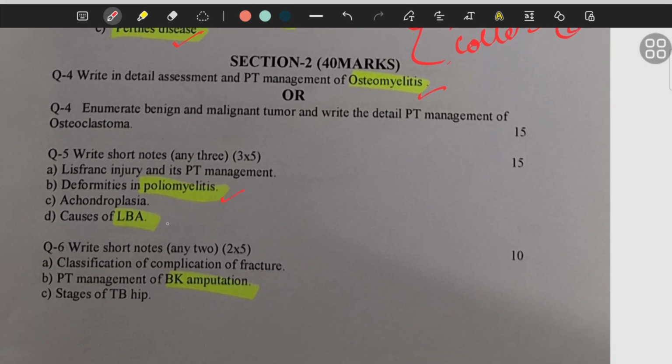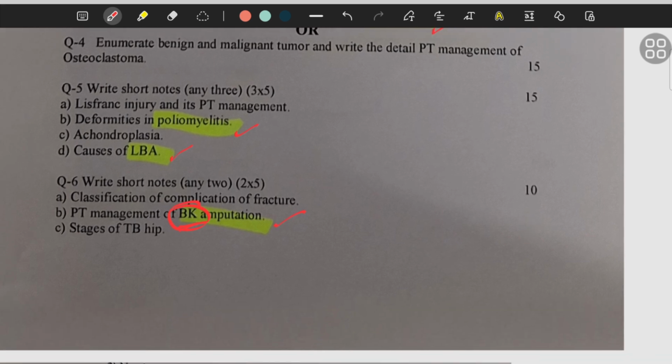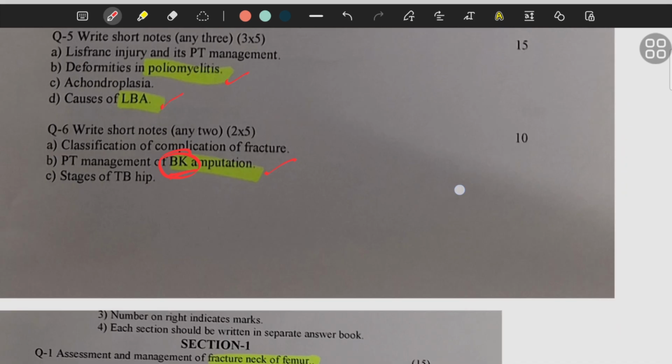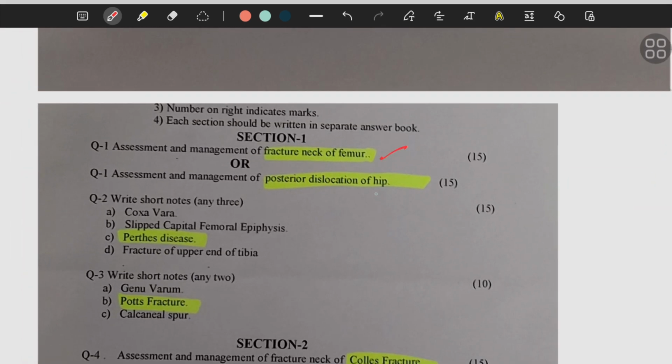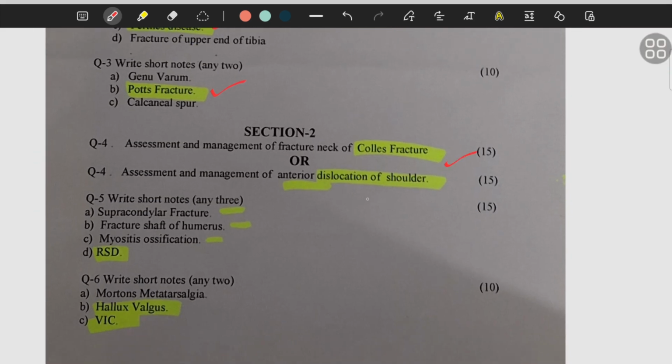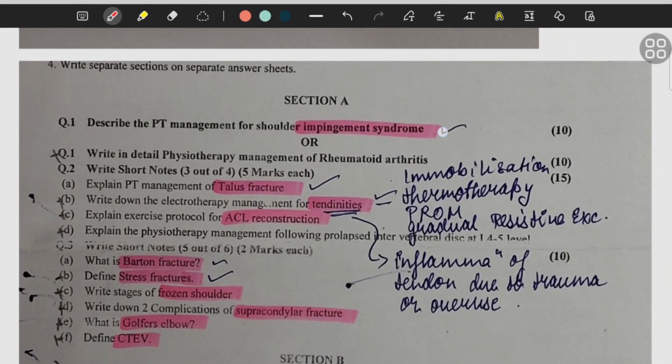Osteomyelitis, poliomyelitis, low back ache or low back pain, then below knee amputation. See again over here they have written the short form, so do not be confused about what BK is. It is just the short form of below knee amputation. Fracture neck of femur, posterior dislocation of hip, Perthes disease, Perthes fracture, Colles fracture, dislocation of shoulder, supracondylar fracture, fracture shaft of humerus, myositis ossificans, RSD, hallux valgus, VIC, then impingement shoulder, then talus fracture, tendinitis.